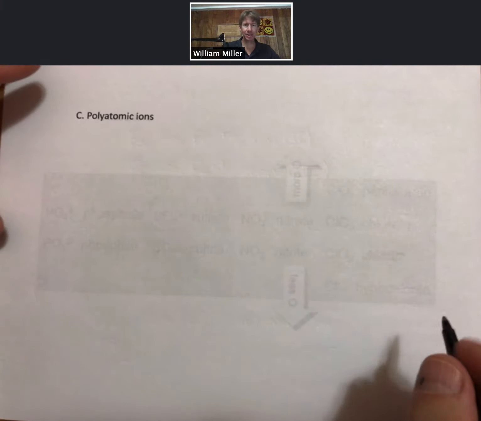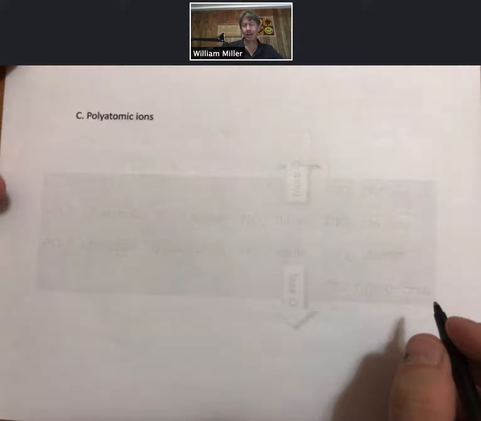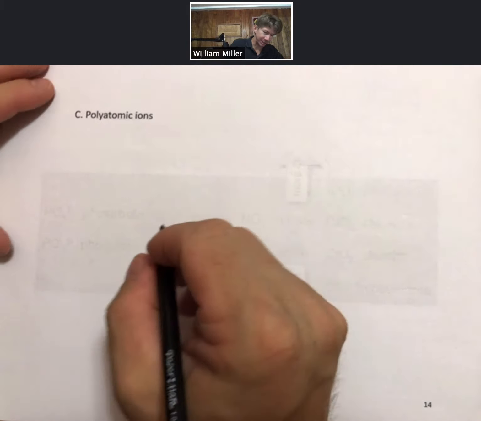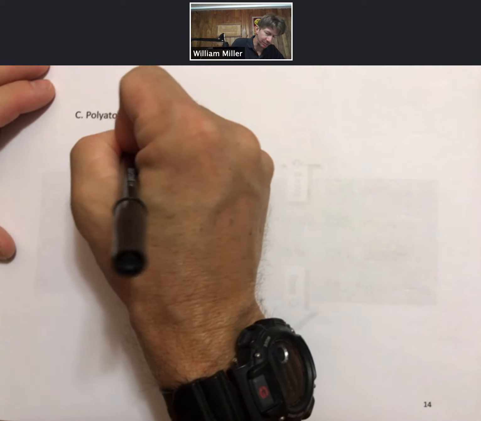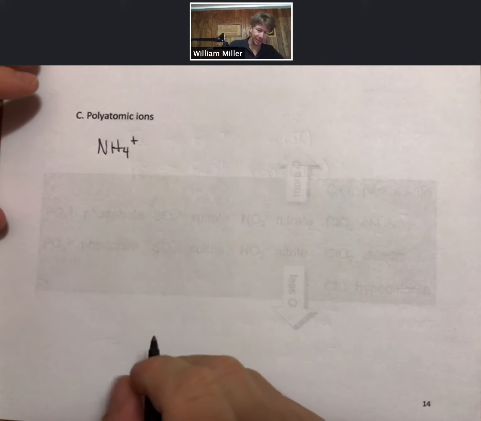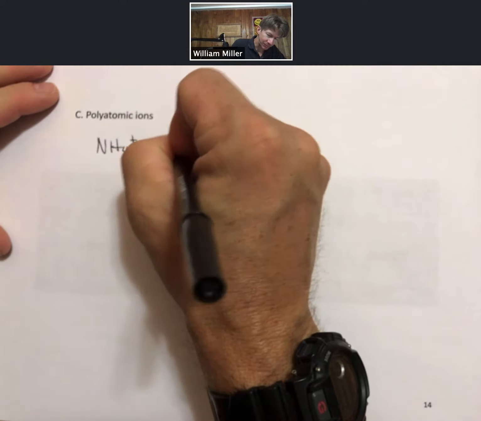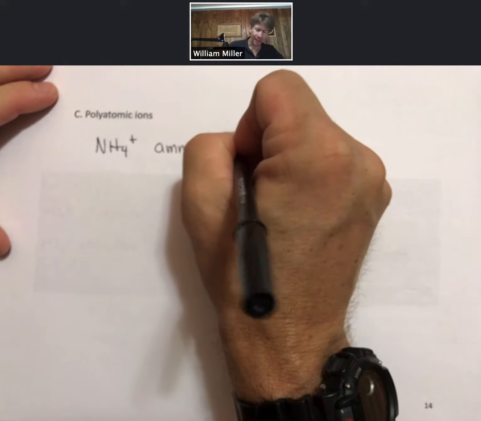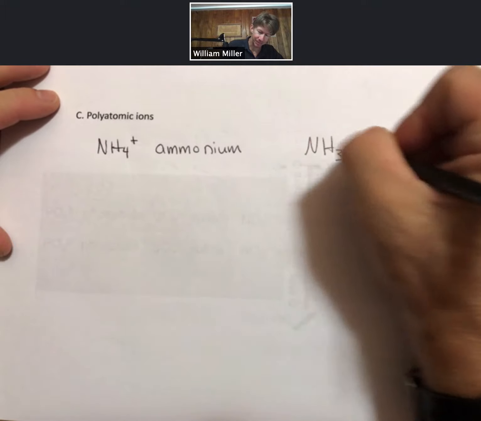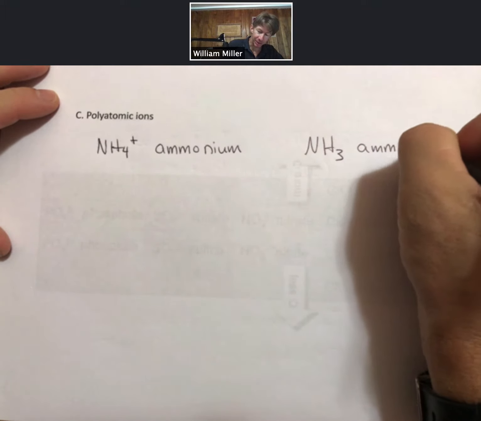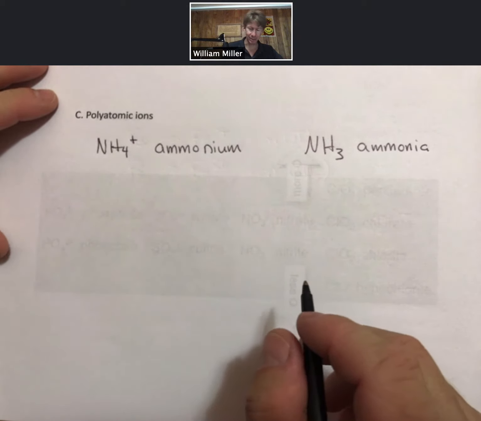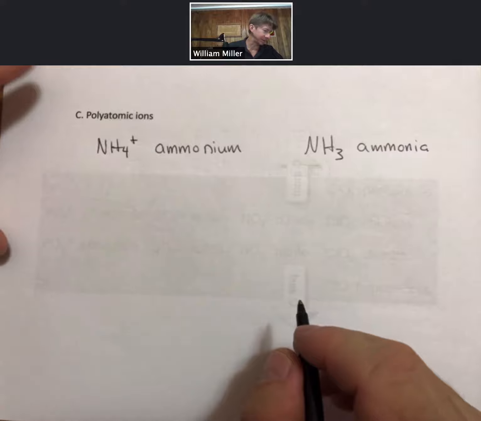Now, for polyatomic ions, this is going to be straight memorization of nomenclature. And I'm going to list a few of the most important ones to memorize. One of those is going to be ammonium ion. And it will be important to be able to tell ammonium from ammonia, where ammonia, also important to memorize, is not an ion, just a compound, or a molecule, if you will.